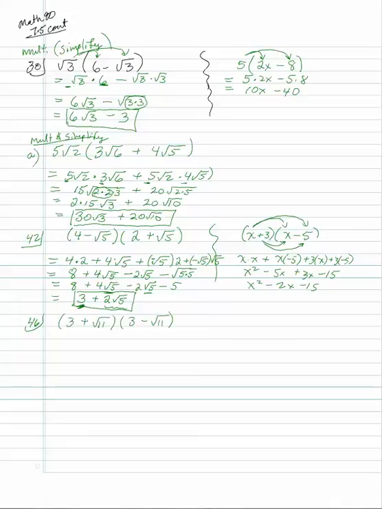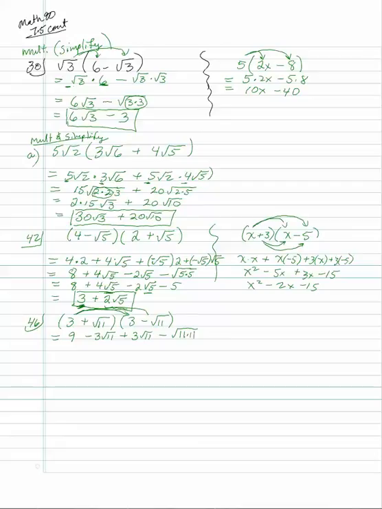Okay, so on this one, 3 plus square root 11 times 3 minus square root 11, when you FOIL it, you're going to get 3 times 3 is 9, minus 3 square root 11. Now you're going to distribute the square root 11, so it's 3 square root 11, minus square root of 11 squared, right?